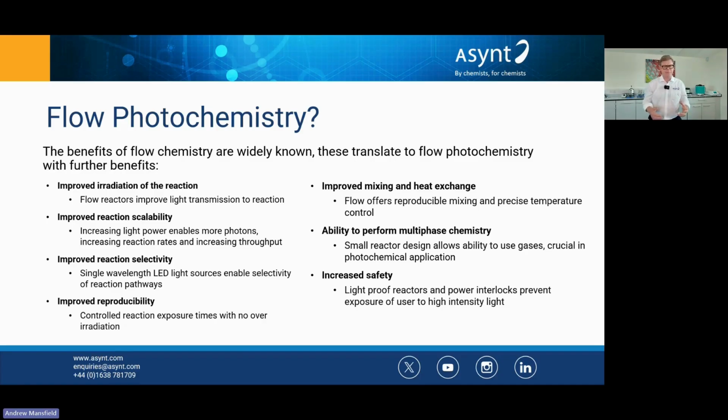Reproducibility is interesting. In a batch reactor, we're running under kind of turbulent conditions, which means it's really difficult to repeat the batch conditions exactly. We have concentration and thermal gradients and irradiation light gradients in this example. Flow chemistry techniques give us that reproducibility.